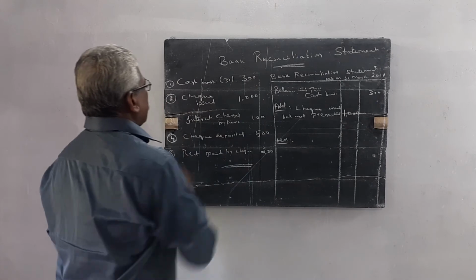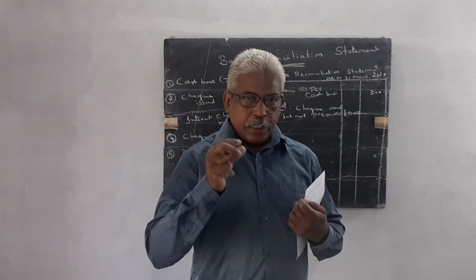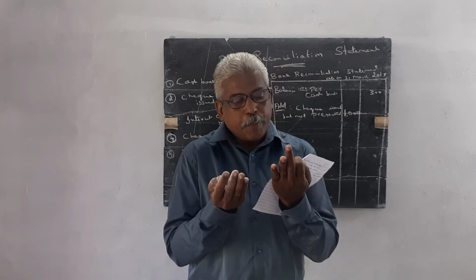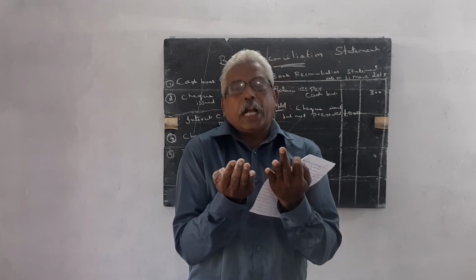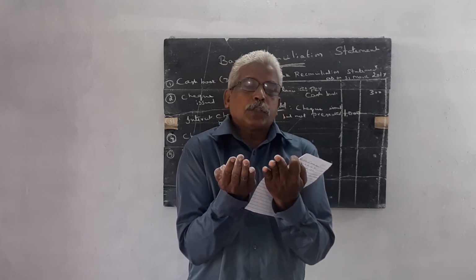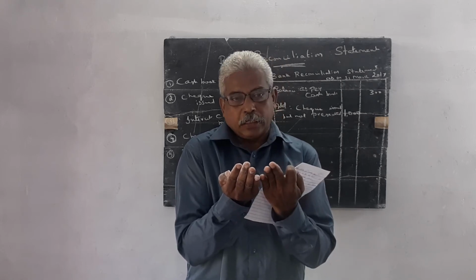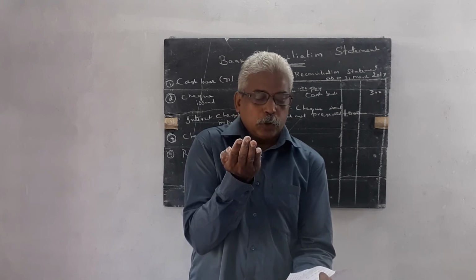The next item, interest charged by the bank. Any expenditure charged, automatically the bank value reduces. So one unfavorable item is entered in the passbook. So passbook value decreases. Here cash book shows a high value, passbook shows a low value.